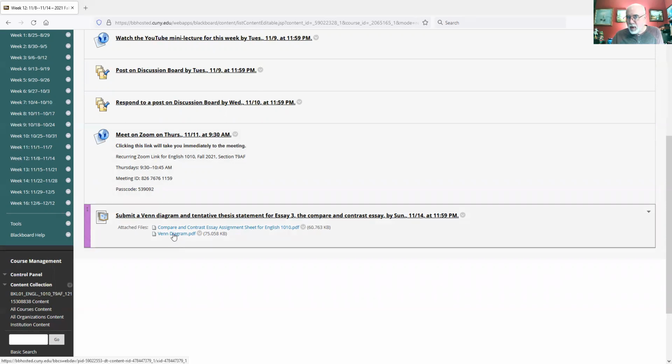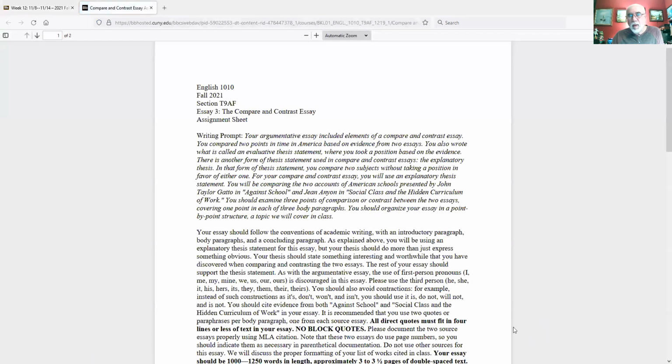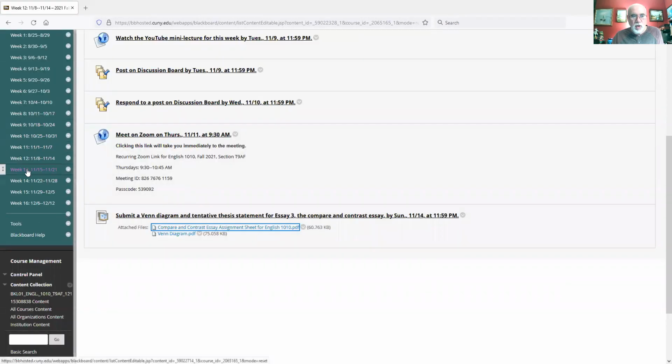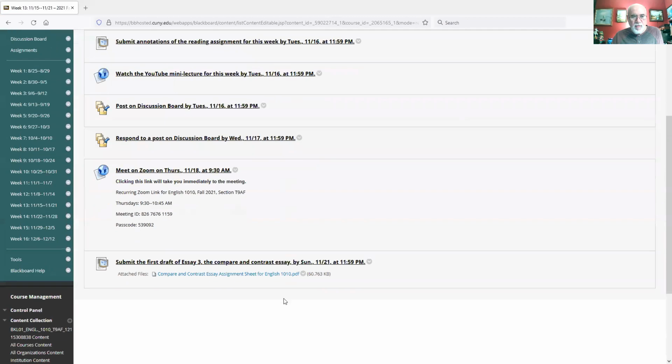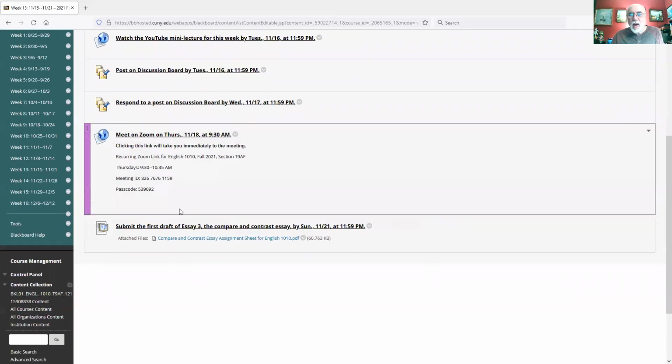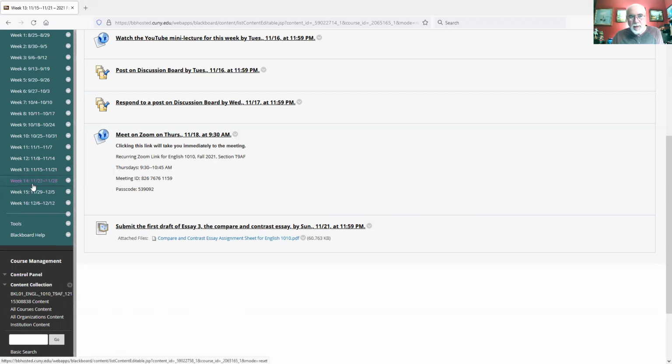Once again, I put the blank Venn diagram here, which I'll explain more shortly. And then here is the assignment sheet. I'm going to show you this in a moment using my own Adobe Acrobat. You have a first draft due on the 21st. I put the assignment sheet here also, so it's easy for you to find.